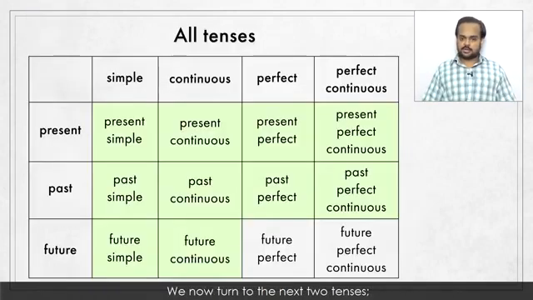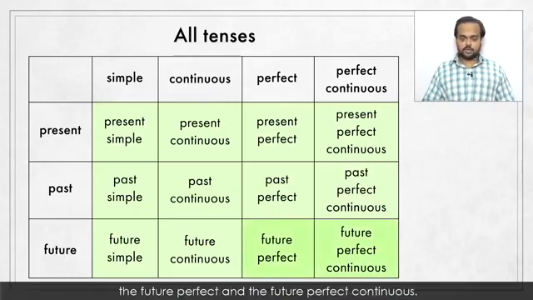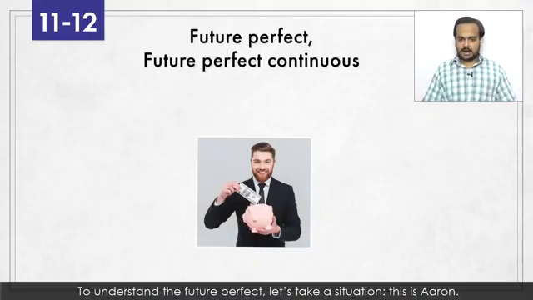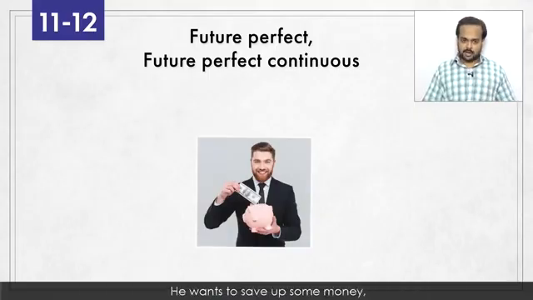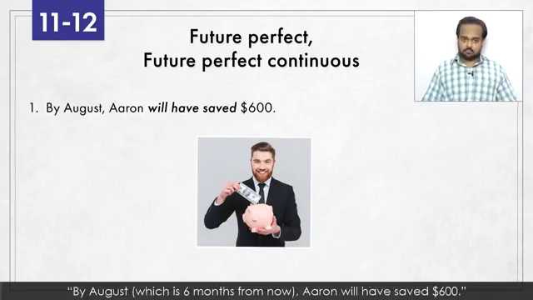We now turn to the next two tenses. We're going to look at these together, the future perfect and the future perfect continuous. To understand the future perfect, let's take a situation. This is Aaron. He wants to save up some money, so he is going to save $100 a month from now on. This is February, so by August, which is 6 months from now, Aaron will have saved $600.